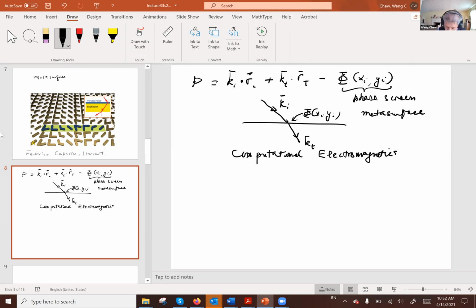Essentially, it says that given Maxwell's equations, no matter how complicated the geometry is, we can solve Maxwell's equations with respect to this kind of very complicated geometry. Hence, we can send a plane wave coming into this geometry and study the phase shift of the plane wave as it goes through this phase screen and actually ascertain what this phase function should be.